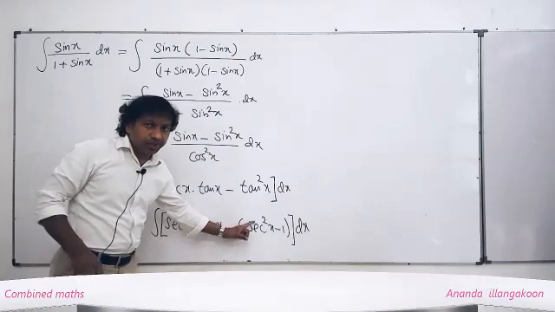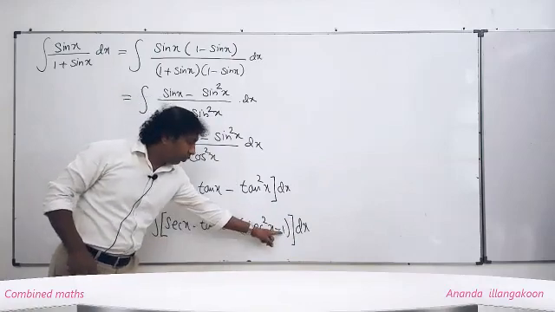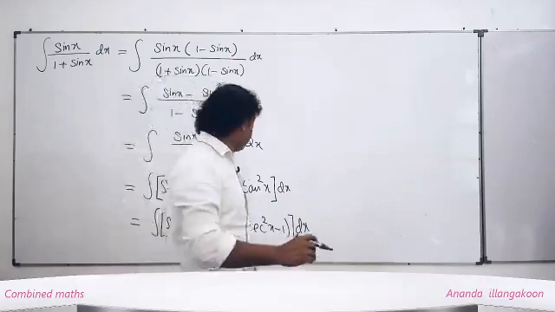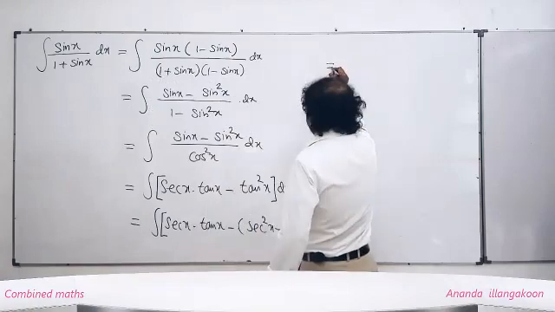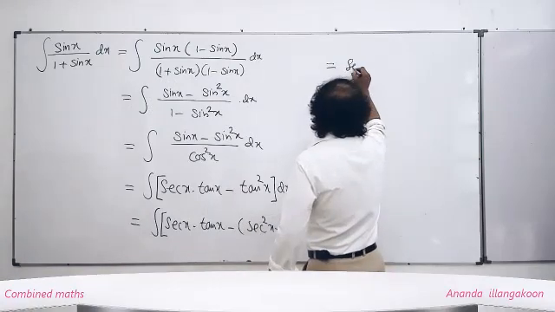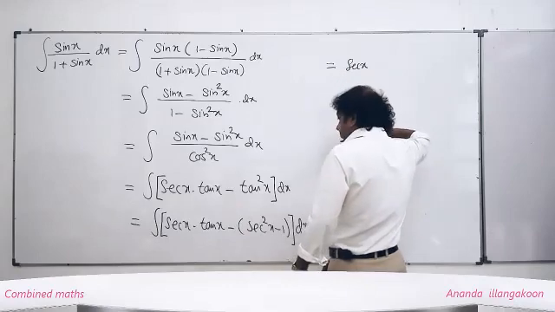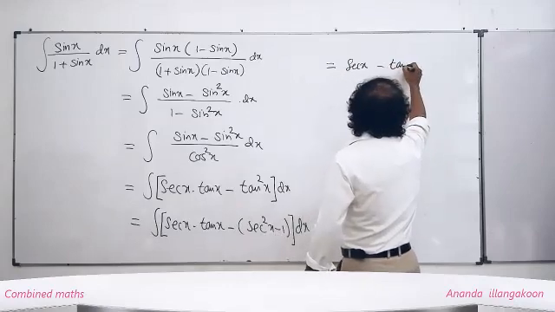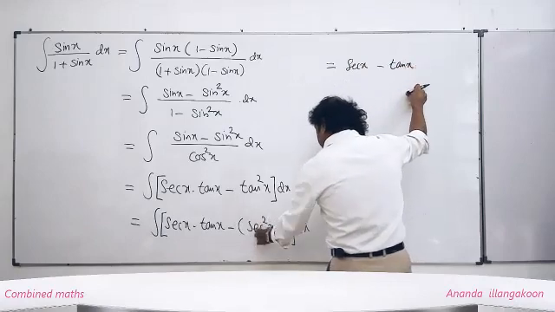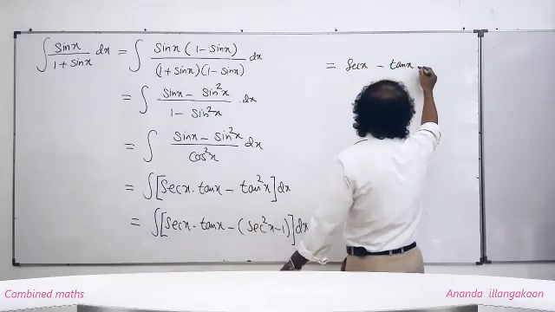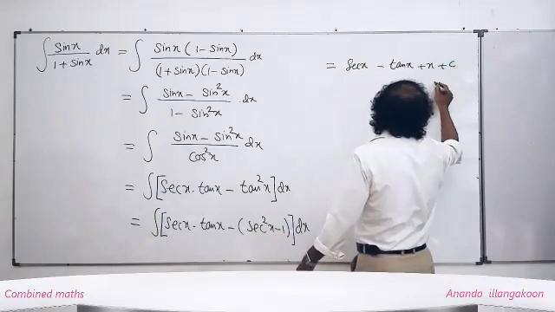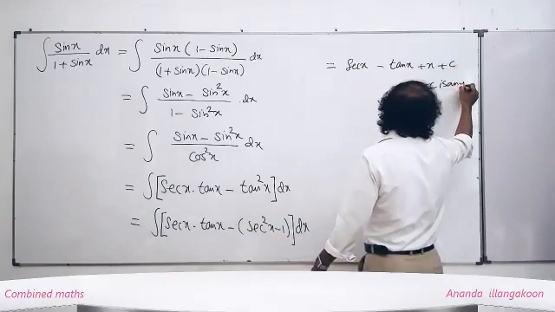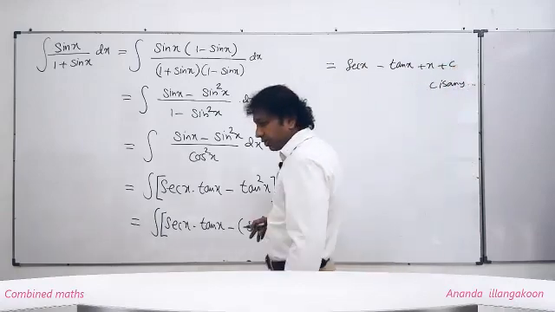The integral of sec squared x is tan x. This one is x. Then you get the answer: sec x minus tan x, minus minus plus 1, no? Plus 1 integral is x, plus c. C is any constant.